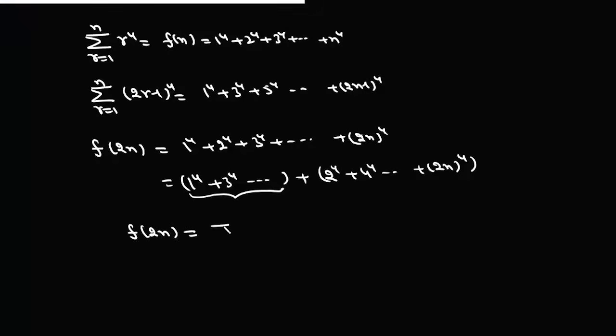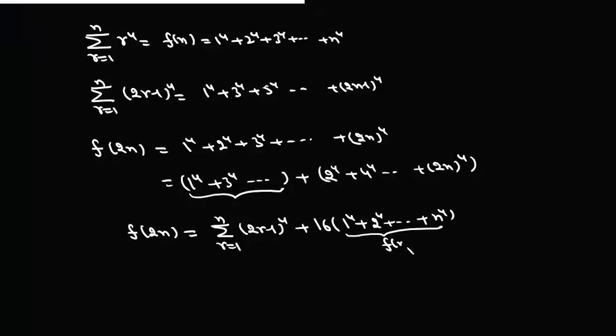f2n will be equal to this summation r varies from 1 to n (2r minus 1) to the power 4, and here we'll take 2 to the power 4 common, so it will be 16, and then 1 to the power 4 plus 2 to the power 4 up to n to the power 4, which is nothing but fn.